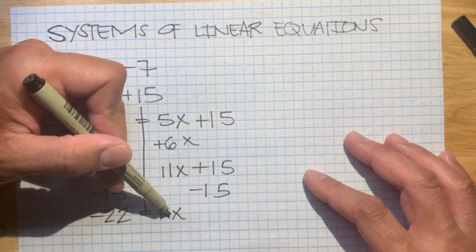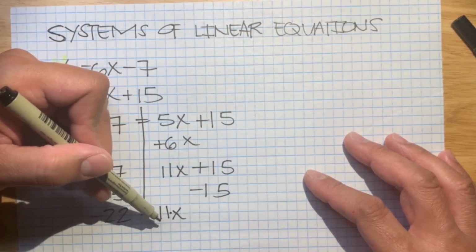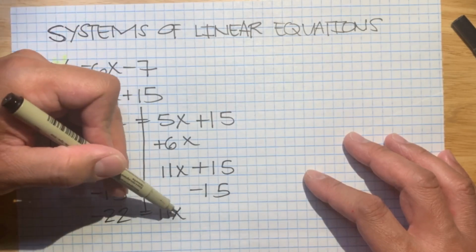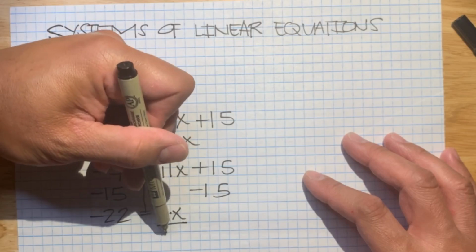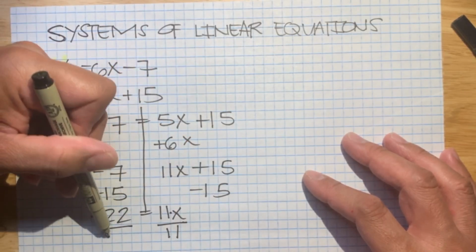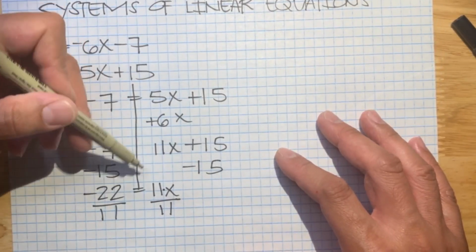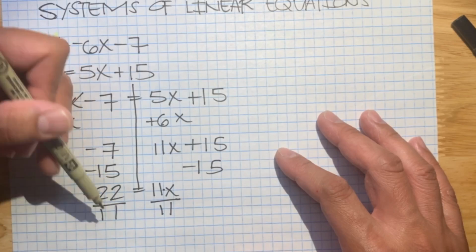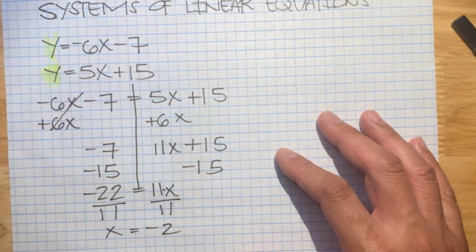This is 11 times x, if there's no operator there, it's times or multiplied. The opposite of multiplication is division. So we're going to divide both sides by 11. So then we'll get our answer for x. Negative 22 divided by 11 is negative 2.